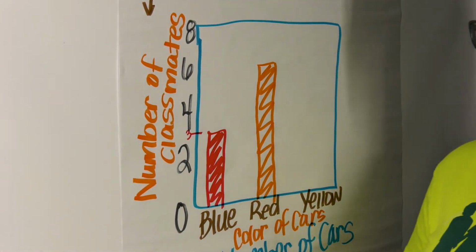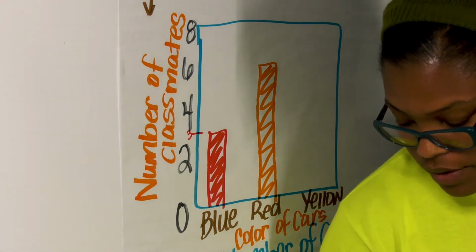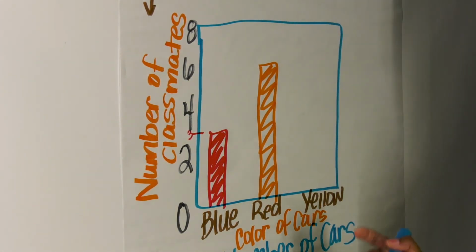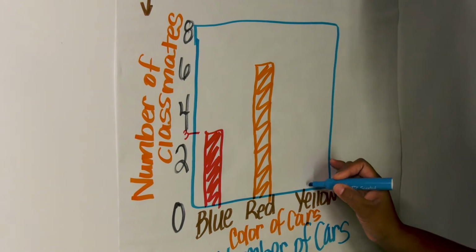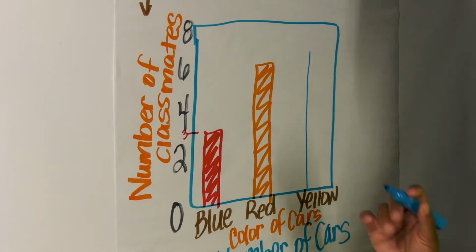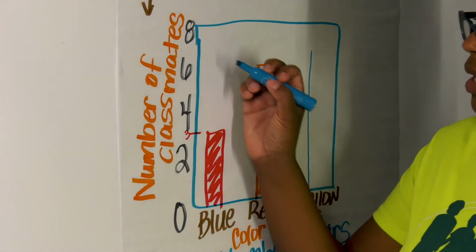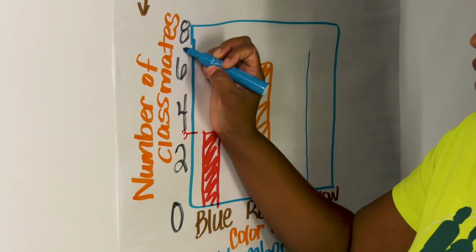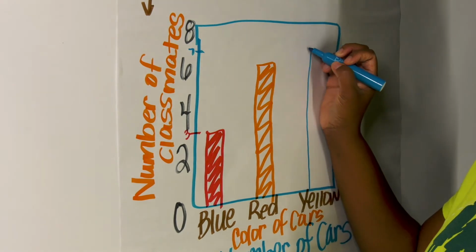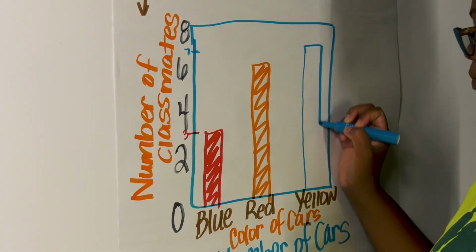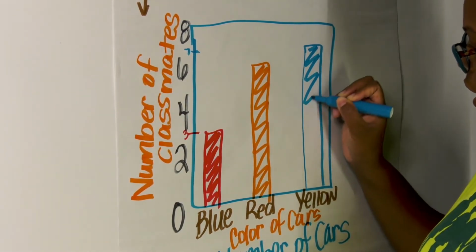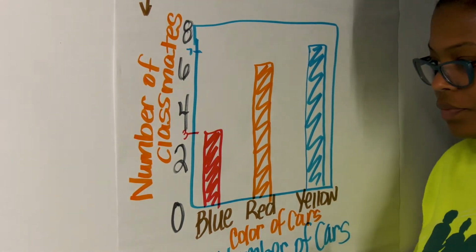And then lastly, let's say 7 of our classmates have yellow cars. So I'm going to go up, and we know we don't see 7 on this number line, but 7 is in between 6 and 8. So I would stop just right about there, and then I would shade like so.